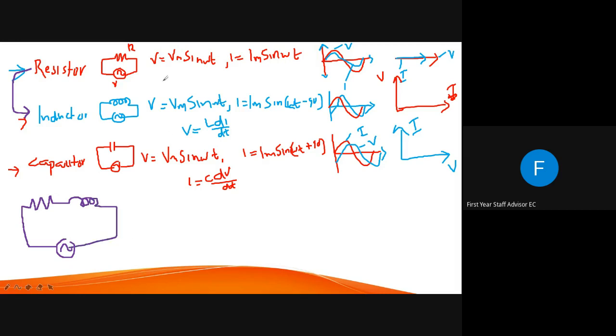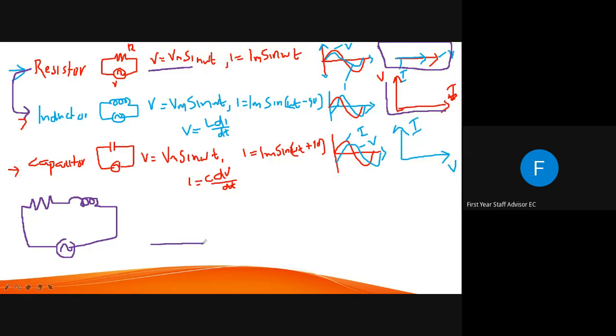The voltage is the same. The voltage equation is Vm sin omega t. Of course, we can derive the equation of current, but we are not doing it in that manner. From the resistor phasor diagram we know that voltage and current are in phase with each other, and we also have the phasor diagram of the inductor, where voltage is leading the current.